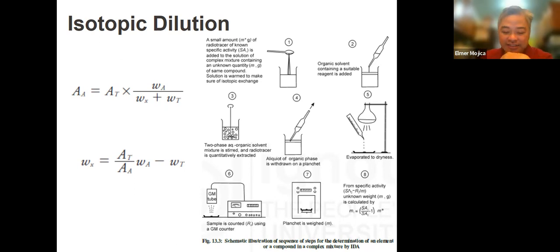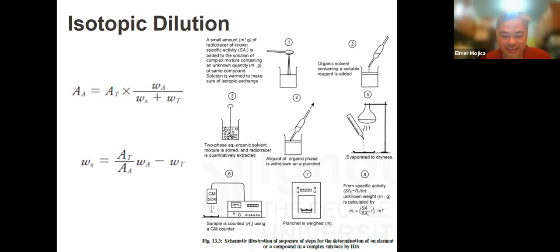So an accurately known amount of the specific activity of the radiotracer is added to an aliquot of analyte mixture containing these components. After the addition, the resultant specific activity decreases.